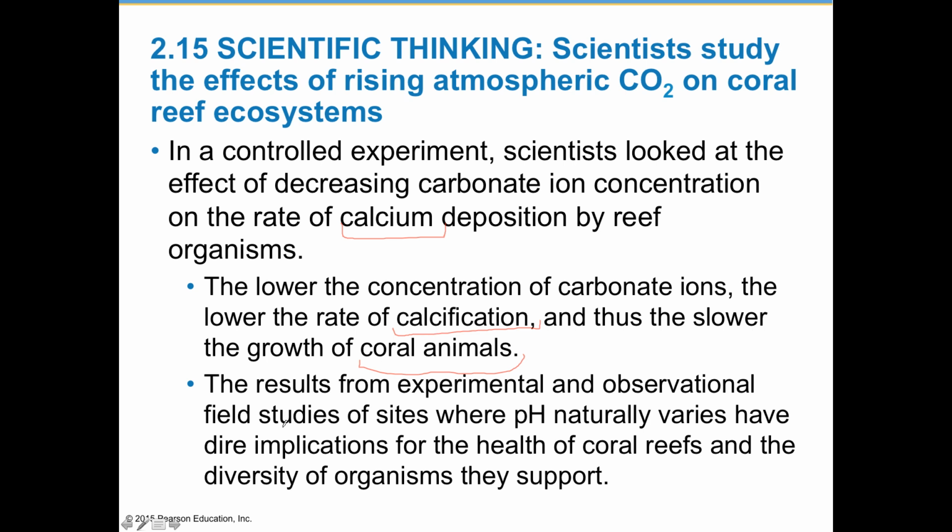The results of the experiment and observational field studies of sites where pH naturally varies have implications on health of coral reef and other diverse organisms they support. So by increasing carbon dioxide, you're going to decrease the amount of carbonate ion available to animals, because the carbonate ion is going to be used to offset this increase in CO2.